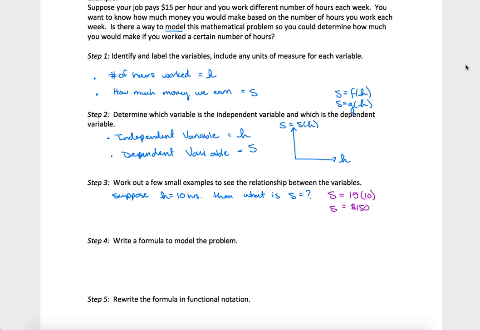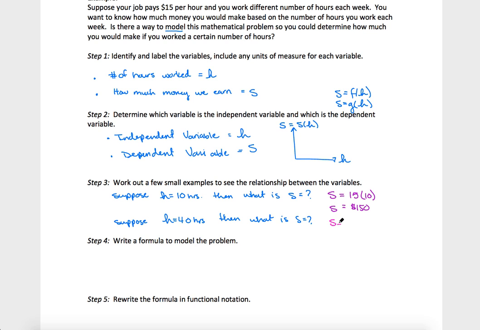Let's pick another input value. Let's suppose that H is, let's say we worked 40 hours that week. Then what would S be? Again, we can go through and work it out.